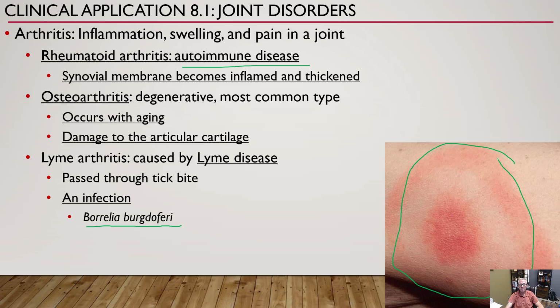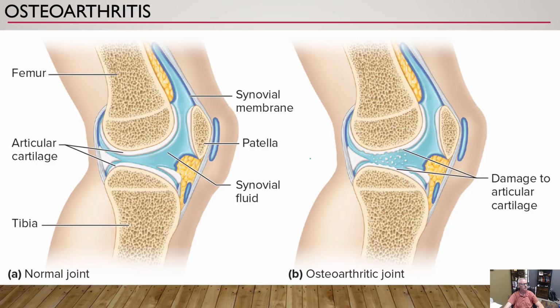But left untreated, Lyme disease can really cause havoc in your body, and it can be a lifelong debilitating disease. One of my first patients in nursing school had undetected Lyme disease and was pretty much bedridden for the rest of her life. And it was a very sad case.